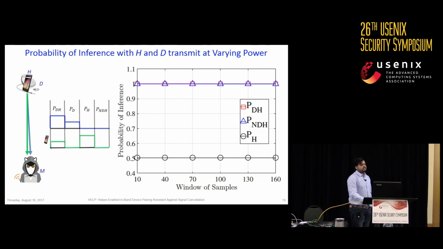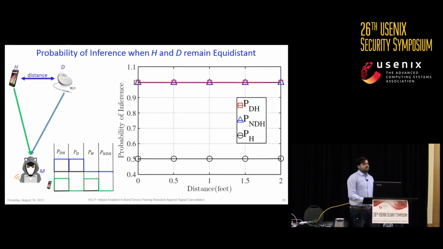Then we repeated this experiment by varying the transmit power from the device and the helper, and we see the probability of inference is almost equivalent to our previous experiment. Then we see how far apart we can put the device and helper from each other. So we increased the distance between the device and helper, but kept them equidistant from Mallory and transmitted fixed power.